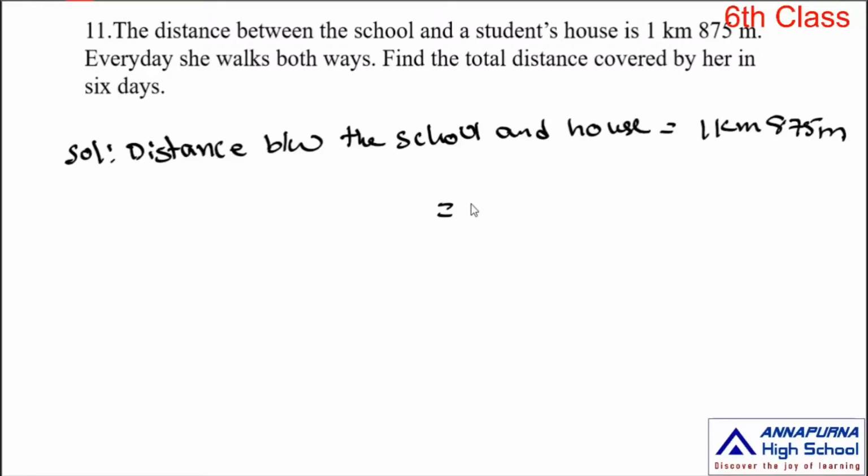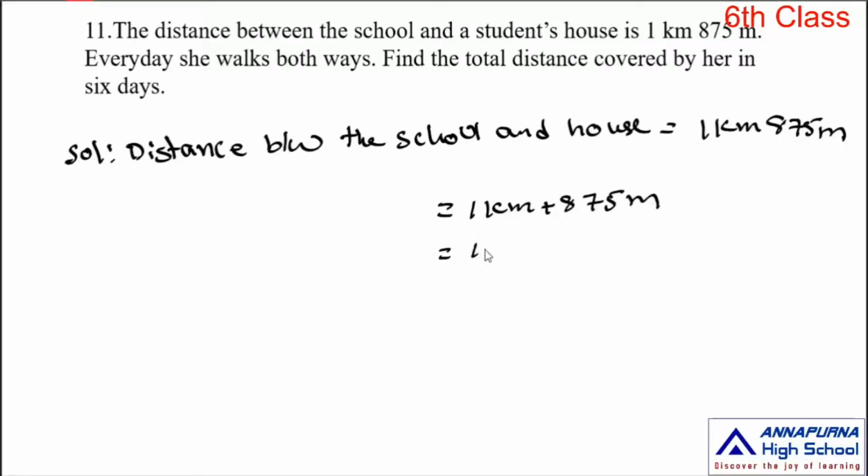1 kilometer and 875 meters can be written as 1 kilometer plus 875 meters. Here 1 kilometer is equal to how many meters? 1000 meters.